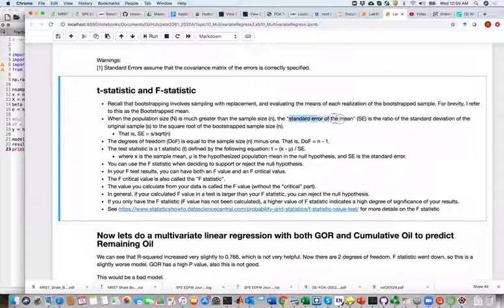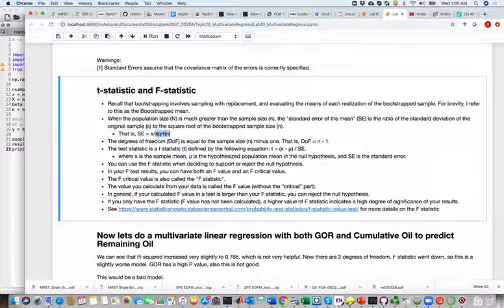Now, first definition of term, standard error. The standard error of the mean, written as SE, is simply the ratio of the standard deviation of the sample. So standard deviation of the entire population is sigma. Standard deviation of the sample is S. And divide that by square root of sample size, and that's your standard error.